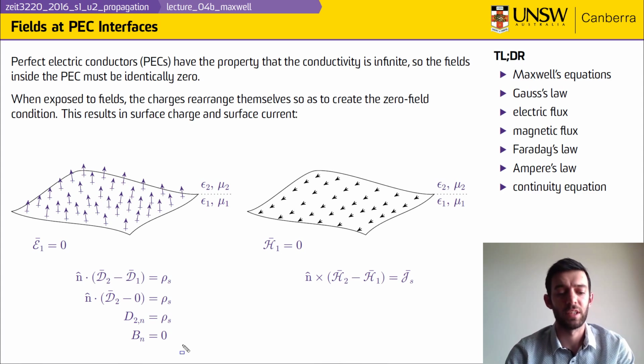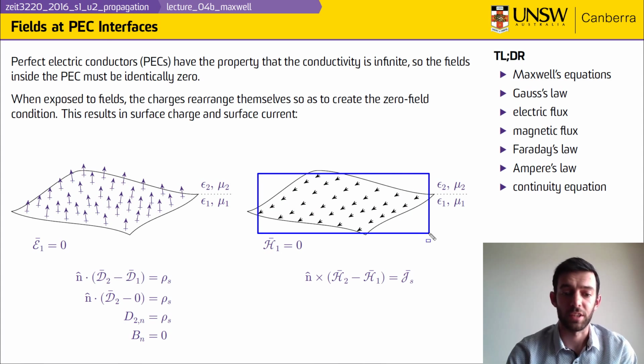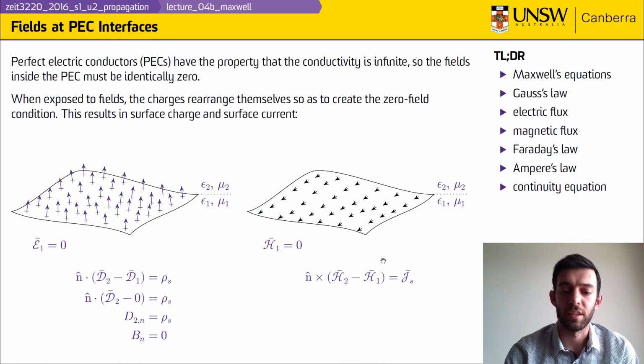When we look at the H fields, we will worry about surface currents, and applying this condition of n cross H2 minus H1 is equal to the surface current density.